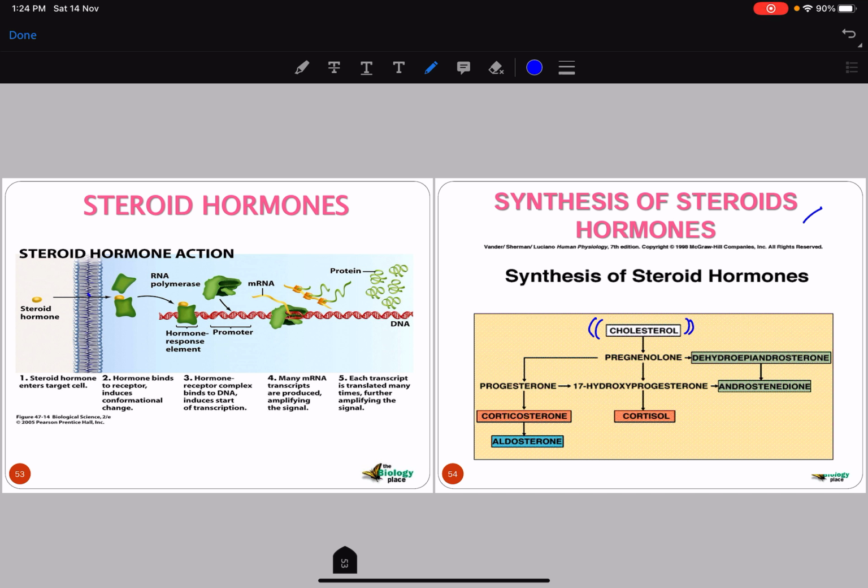From pregnenolone, various enzymatic pathways produce dehydroepiandrosterone, which if you remember is DHEA in reproduction, and androstenedione, which is also an androgen.